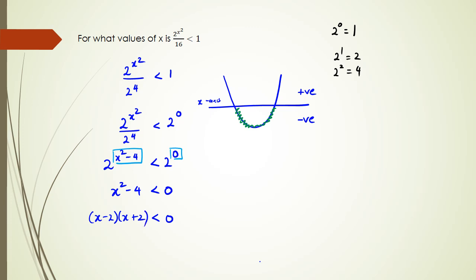And we know what the two numbers are because x minus 2 equals 0, or x plus 2 equals 0. So x is equal to 2 or x equals minus 2. The minus 2 is that value there, the plus 2 is that value there.